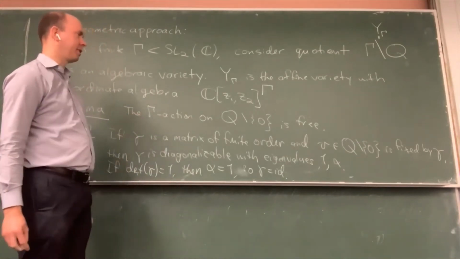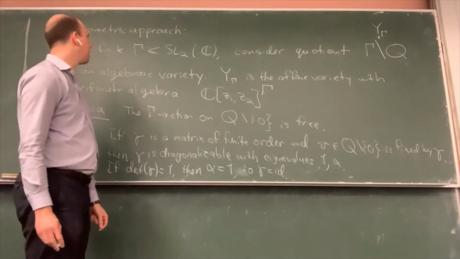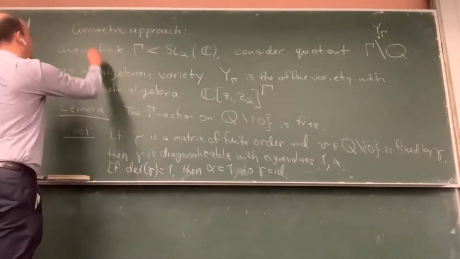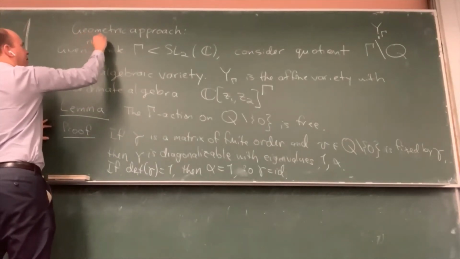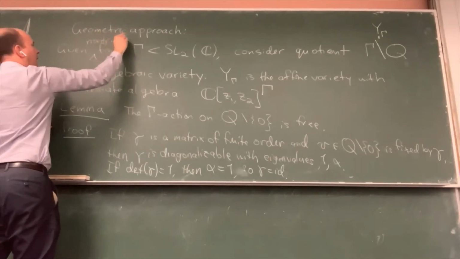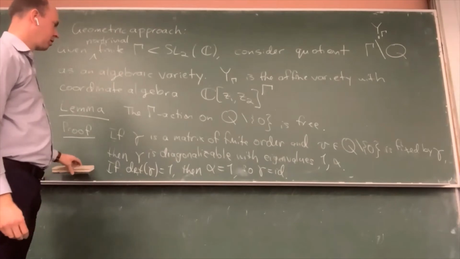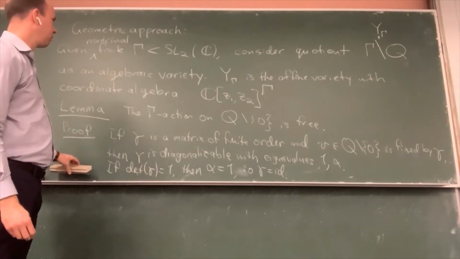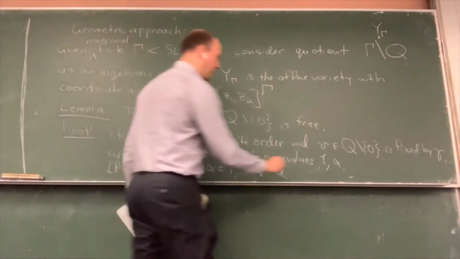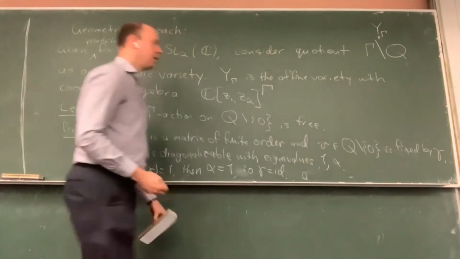Non-trivial finite subgroups of SL2 can't have non-zero fixed vectors. I left out the word non-trivial here earlier on the page. I should have said that. Well, it wouldn't have mattered to this lemma, but it matters to what I'm about to say.